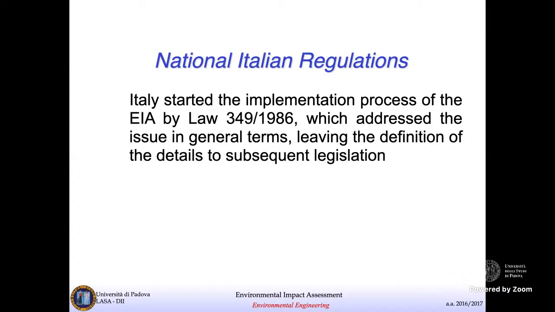In particular, this law is very important, especially for environmental engineers, because it is the law that introduces into the Italian political schema the Ministry of Environment. There was no Ministry of Environment before 1986. And as we will see, the Ministry of Environment is one of the main subjects involved in environmental impact assessment procedures.